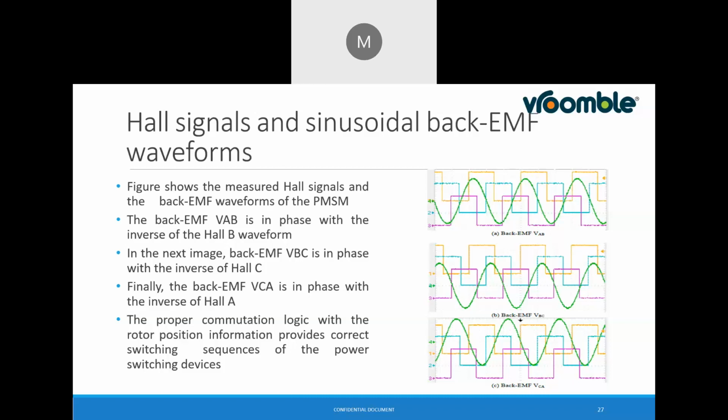In the next waveform, the back EMF VBC is in phase with the inverse of Hall C, right? And then the back EMF of VCA will be in inverse with the Hall A. The proper commutation logic with the rotor position information provides the correct switching sequence of the power switching devices.